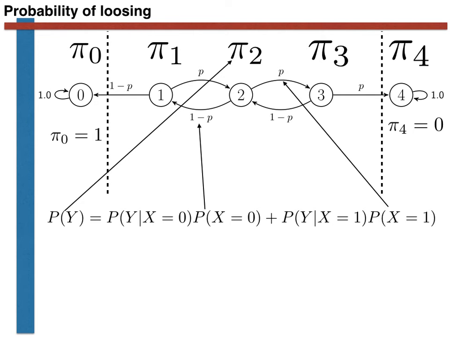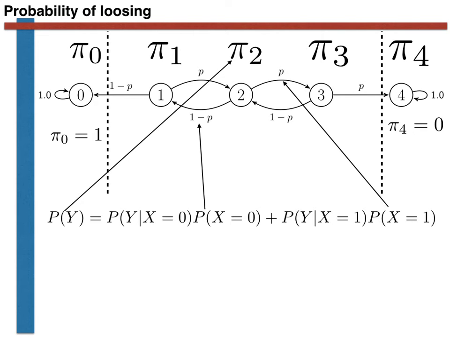Now what about these conditional probabilities, the probability of Y given X equals 1 and the probability of Y given X equals 0? Well, these tell us the probability of ruin given that he wins and loses the first game respectively. The process is Markovian, however, and so the outcome of the first gamble does not affect the outcome of the second gamble or anything that happens subsequently.